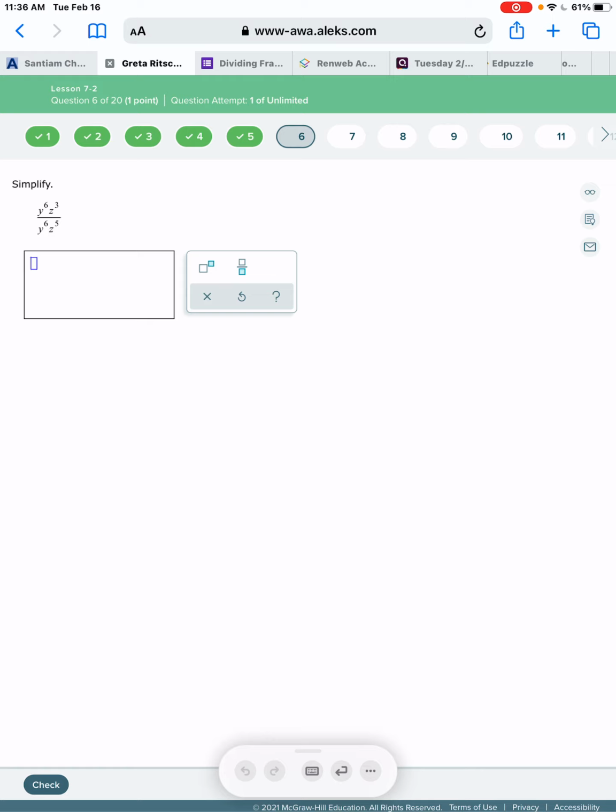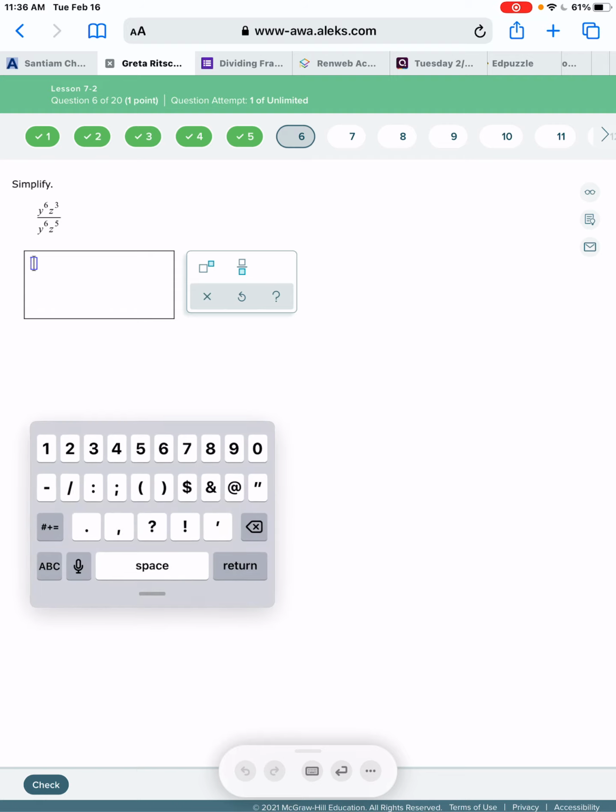But now I need to do z to the 3 minus 5, and I have a negative exponent. That would be z to the negative 2. And the reason being is, if I wrote out z times z times z on the top and z times z times z times z times z on the bottom and canceled all the z's that line up, I end up with 2 of them left on the bottom.